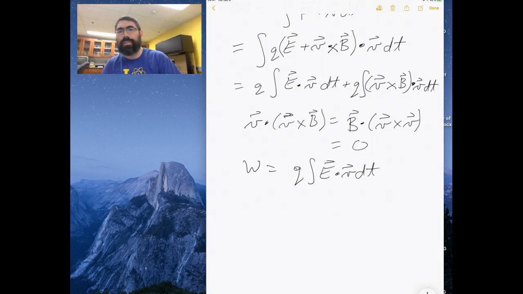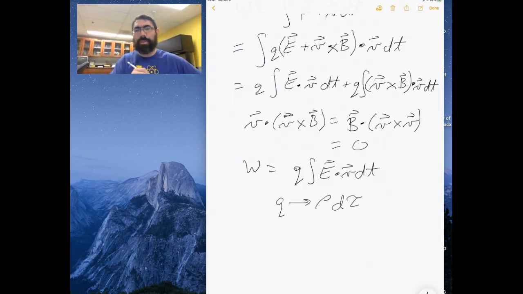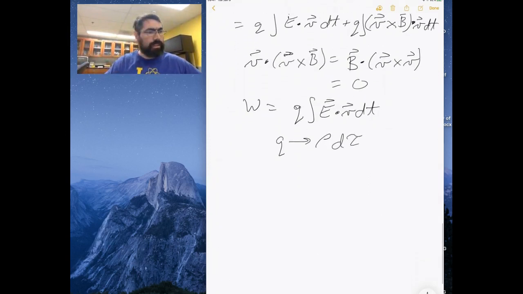So I guess another way of saying it is that we go back to the same statement that magnetic fields produce no work. The work comes entirely from the electric field. Now we could rewrite this and say that the charge is the charge density times the volume, and the charge density times the velocity is equal to the current.